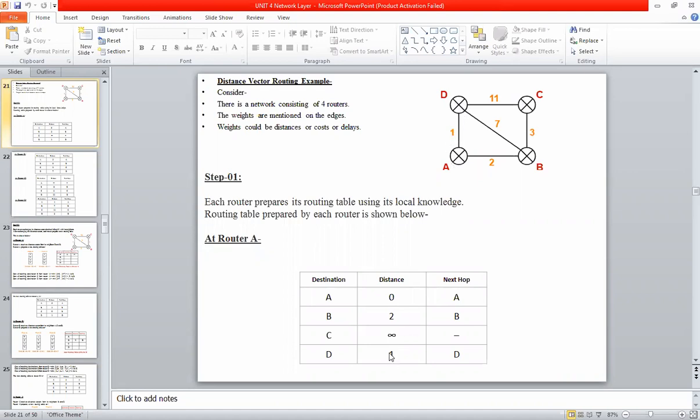You have to update the distance as 1, and the destination is D itself. You are moving from A to D, so the next hop is D. Similarly, we update the tables for router A, router B, router C, and router D.